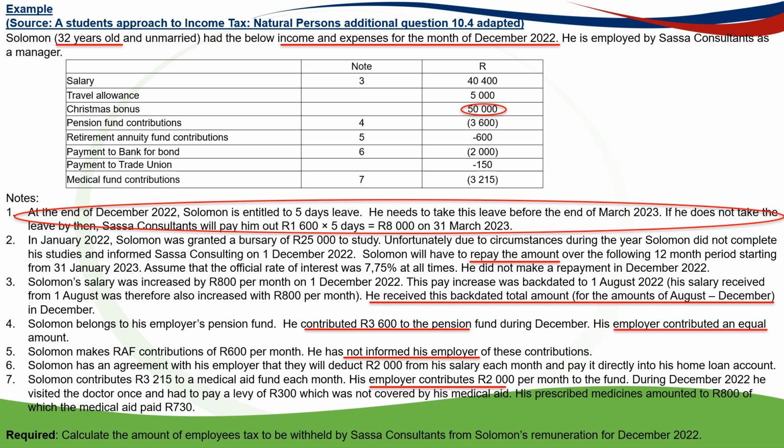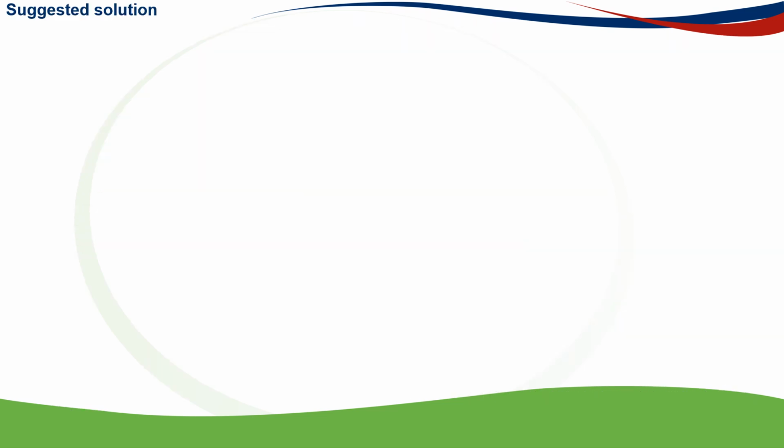And then his employer also contributed 2,000 Rand per month to the medical aid fund. So that's also remuneration for Solomon as a fringe benefit, which must be included. Okay, let's look at the solution. The remuneration, we started with a salary, it's 40,400 Rand.